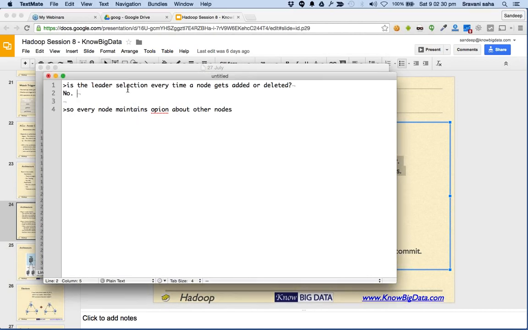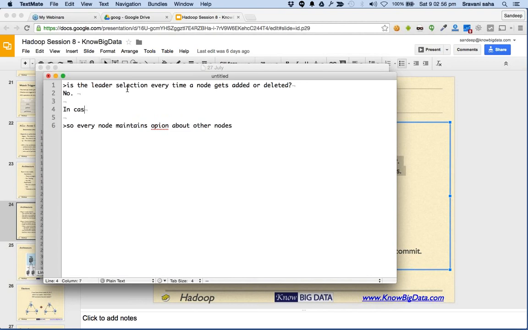The leader selection does not happen every time a node gets deleted or added. There are two scenarios.